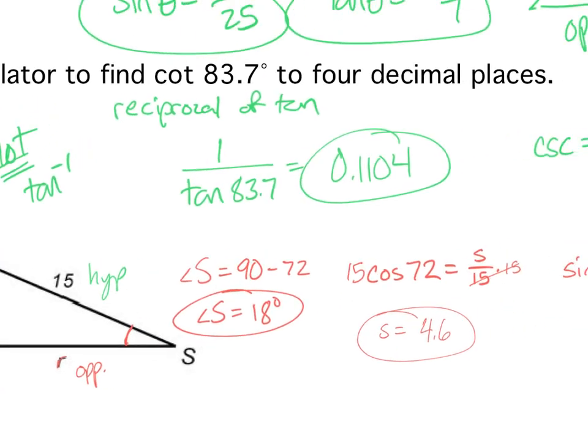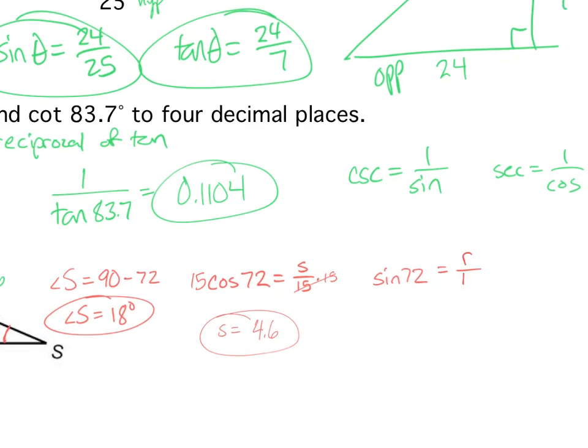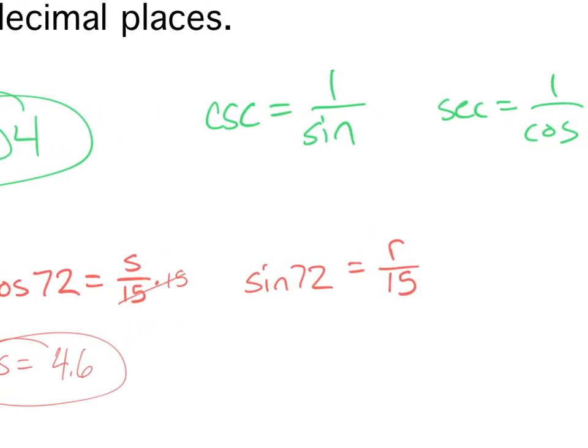Opposite over hypotenuse would look like R over 15. And once again, I have the letter that I'm trying to find, R, in the numerator. So to solve for it, all I need to do is multiply both sides by 15, and I can put in my calculator 15 times sine 72, round it to the 10th place, and I get 14.3.